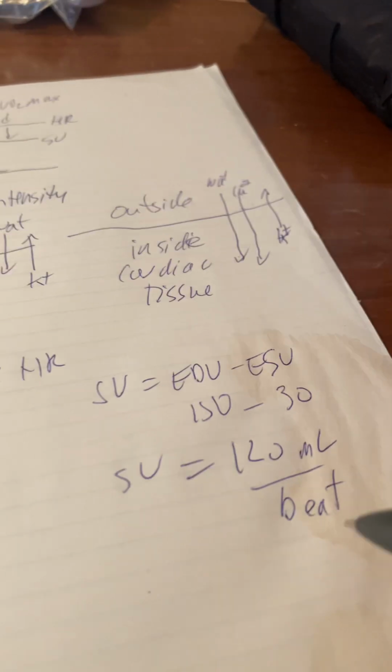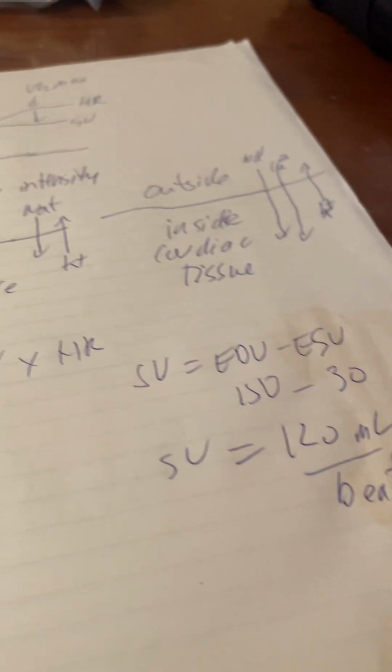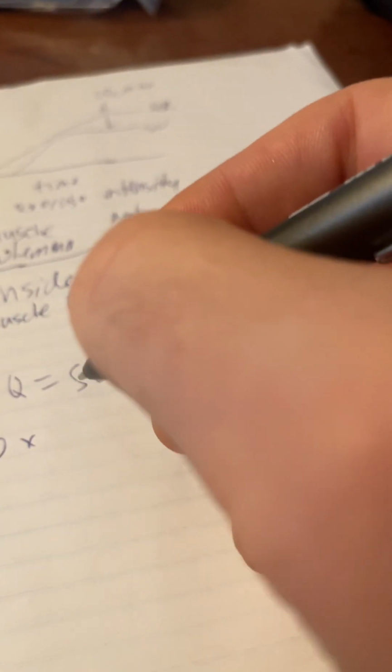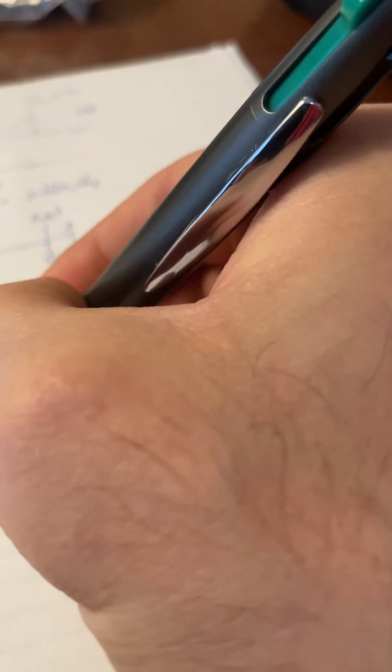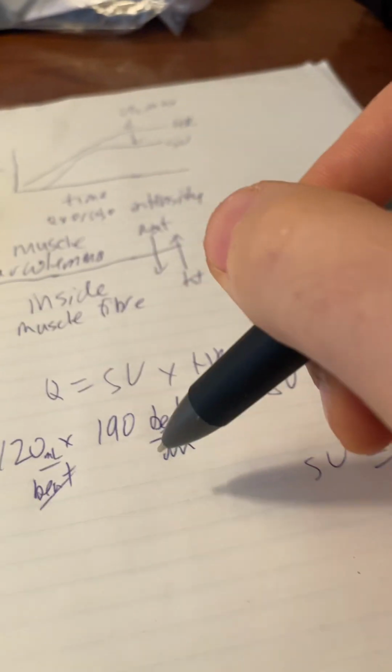When you multiply that by heart rate, you can get your cardiac output. So we'd take 120, multiply it by your heart rate, which was 190 beats per minute. This is milliliters per beat, so the beats cancel out and you end up with milliliters per minute.